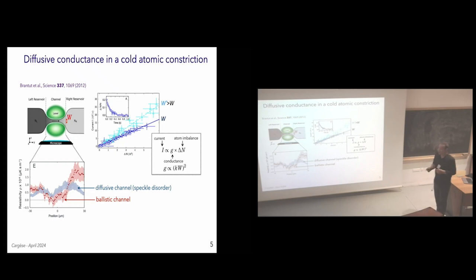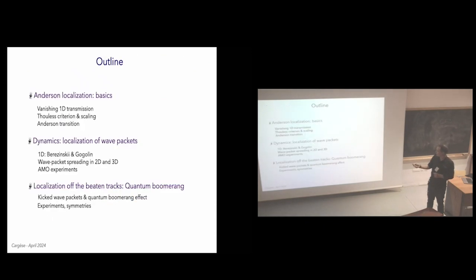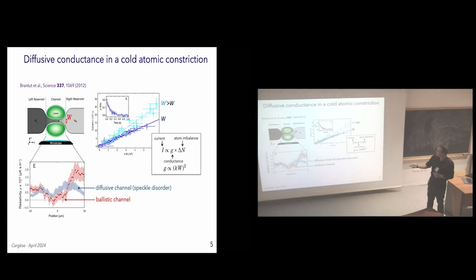So what they did, they took a cold gas, a Fermi quantum gas actually, and using a laser, the Laguerre-Gauss mode of a laser, I think, they managed to really sculpt in the gas a narrow constriction here, connected with two big atomic reservoirs, okay? So they really sculpted with light somehow a mesoscopic physics sample.